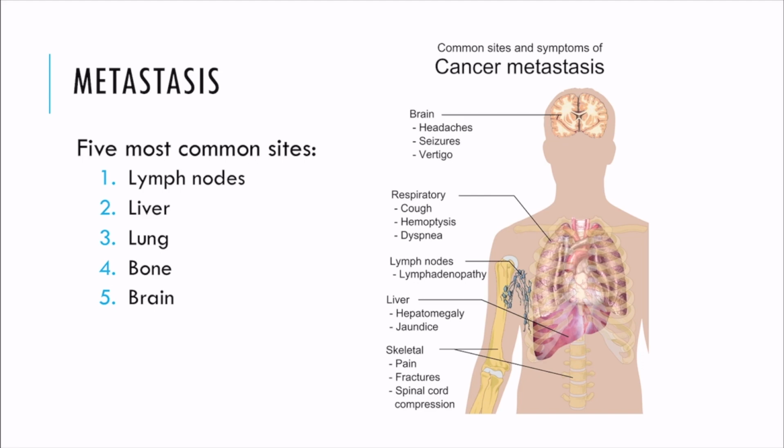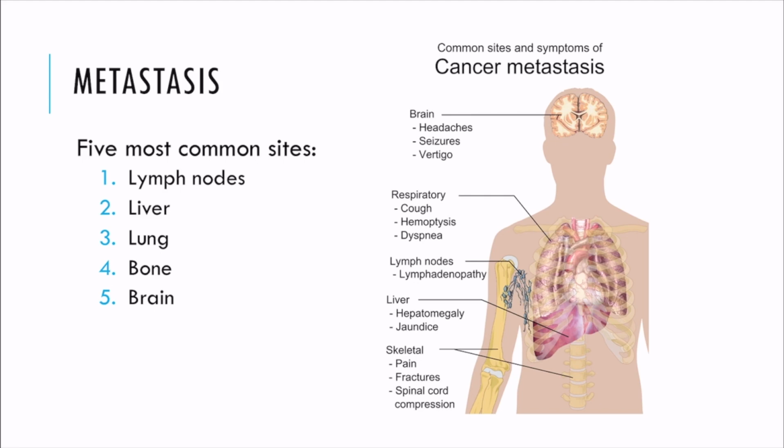And the reason I mentioned the capillary is because that's where cancer cells are more likely to leave the vessel, right? Because that's the place where you have a single cell layer of endothelial cells. And if they're going to sneak out, it's going to be in a capillary bed. So because the lung is the first organ that most of the venous blood in our body sees, it is a very common place for metastasis.